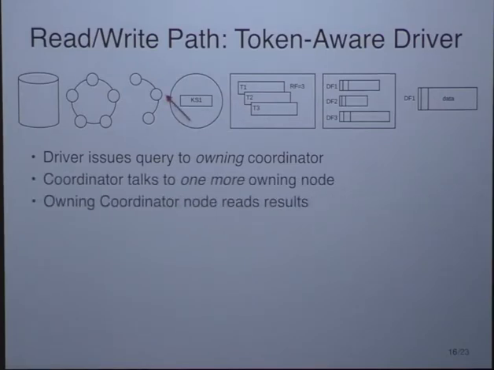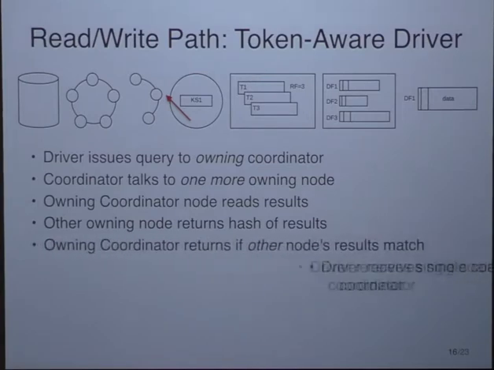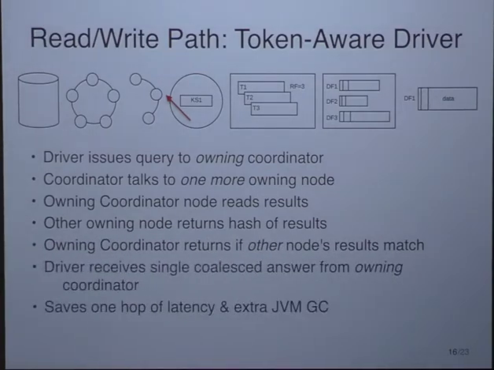Instead of going to some arbitrary coordinator in the ring, it just talks to one of the owning nodes, skipping that whole coordinator step. And an owning node that knows it owns the data reads the results. It issues one of those digest reads against another node, and does the same logic. It just skips all of the one-hop processing that a non-owning coordinator would do.